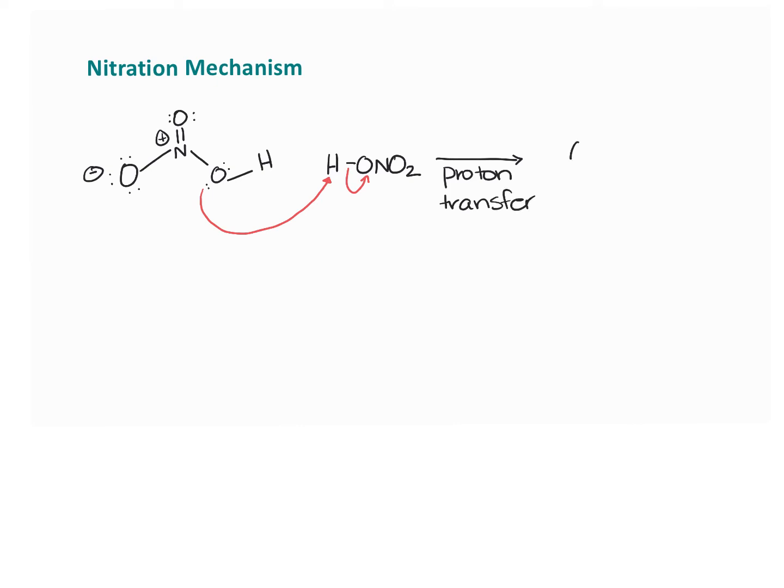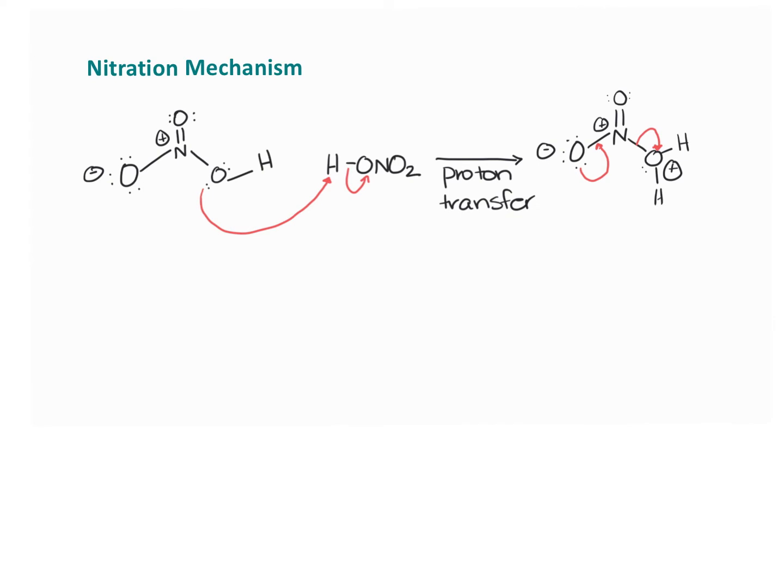Okay, then, right, what we're going to see here are that these electrons are going to go there to form a double bond. And then that water is such a good leaving group. It's an excellent leaving group, and so that's going to leave.